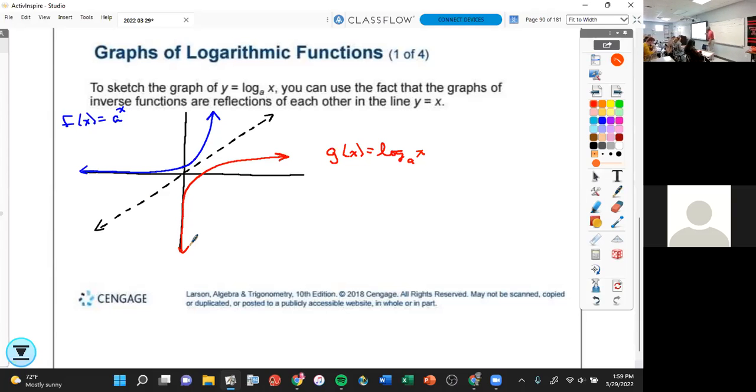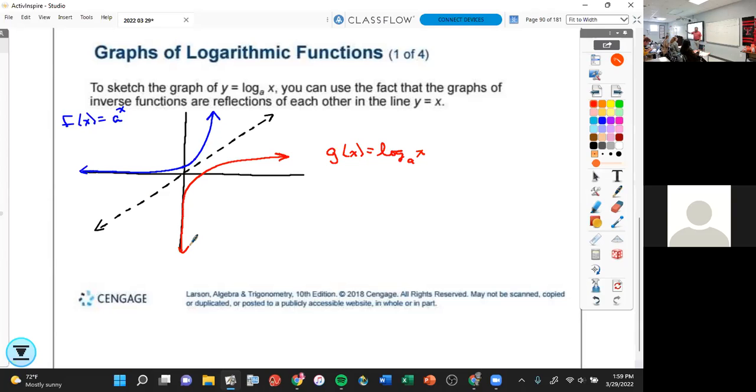Okay, so the next slide, I'm not going to do what it says because in a sense, I've already done it. This could represent any value of a, right? This could be 2 to the x power. This could be 5 to the x power. This could be log base 2 of x, or log base 5 of x.